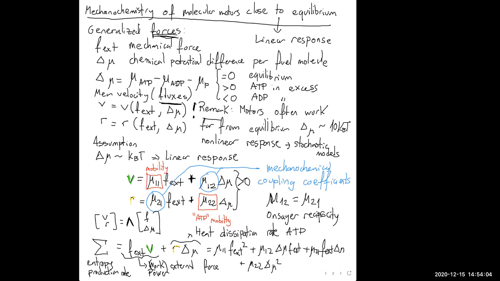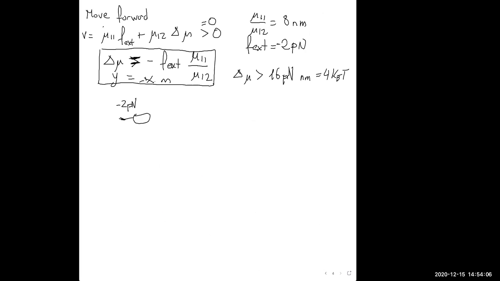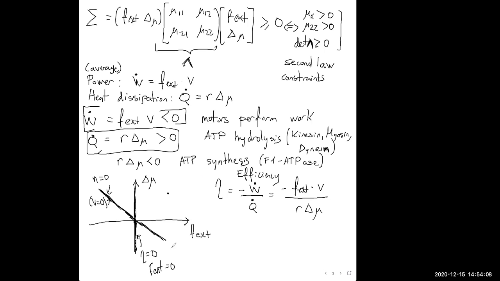We can write it as delta mu equals minus mu11 divided by mu12 times Fx. On this line of force and delta mu, there is zero efficiency.